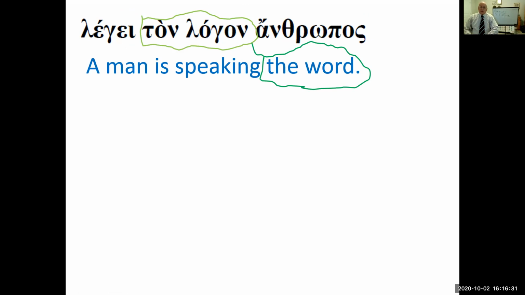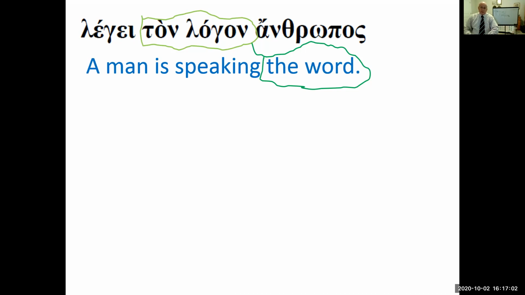And those of you from South Asia who are listening to this, you need to realize that you can't leave off articles when you translate Greek into English. The article, which we'll talk about later, is one of the most important things that the Greeks brought into language. It enables us to point out something, to make something definite.